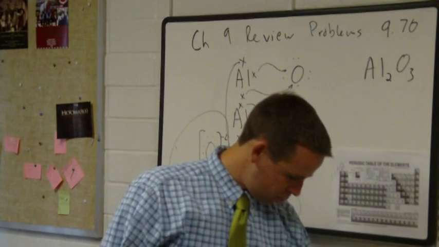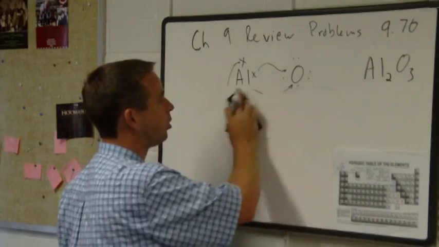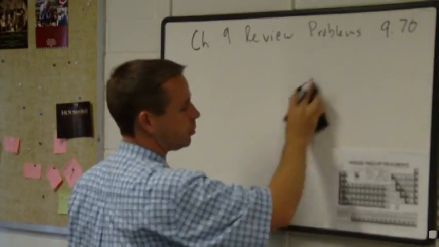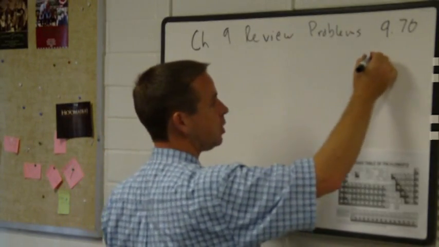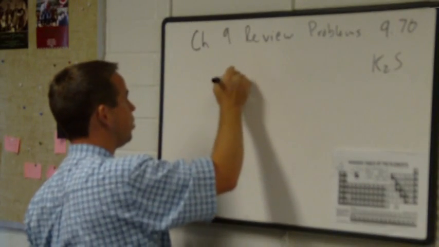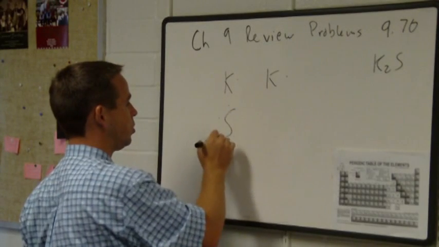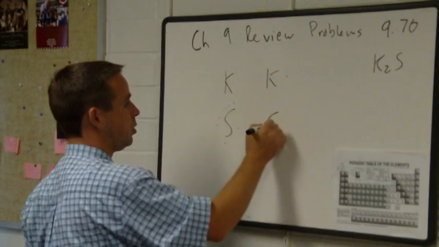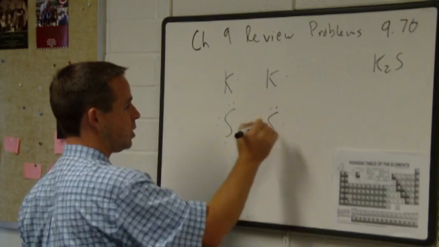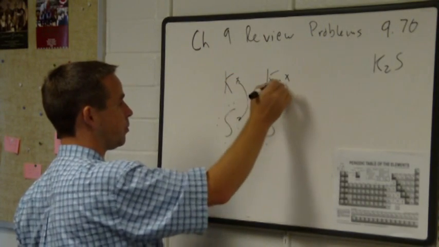All right, we have one more, potassium and sulfur. So again, we know that this is going to be K2S. So the potassium ion has 1 electron. There's going to be 2 of them, 1 electron each. Sulfur has 1, 2, 3, 4, 5, 6. I'll draw these as X's so we can differentiate them.